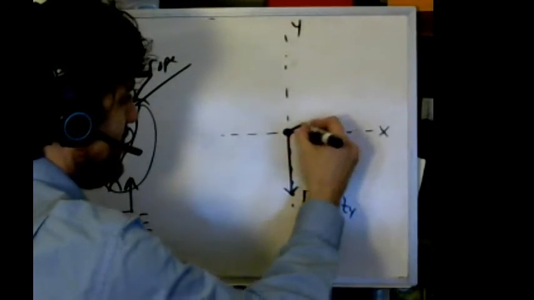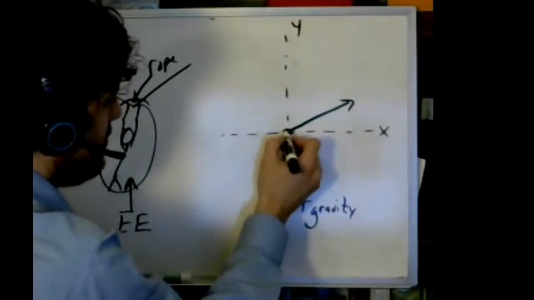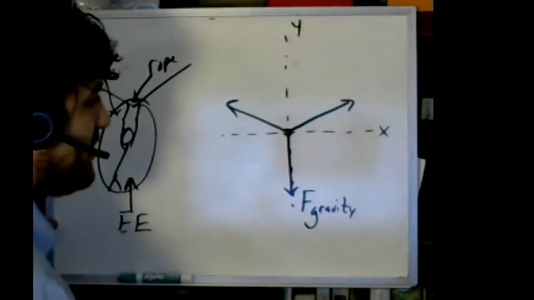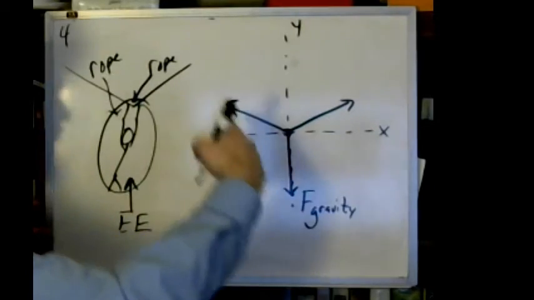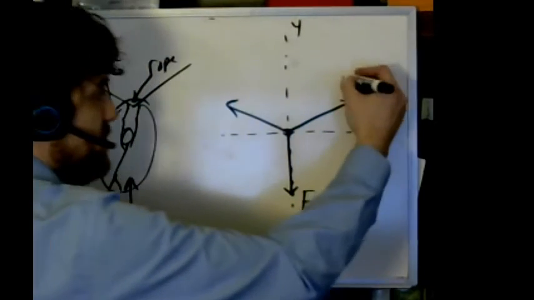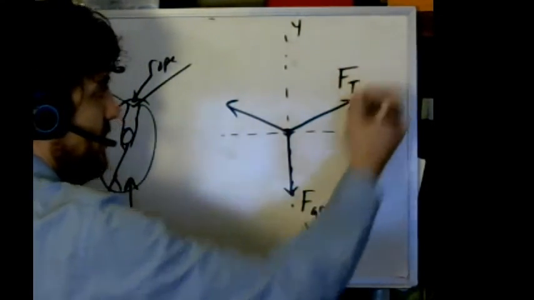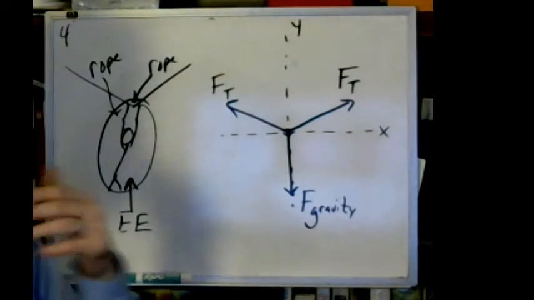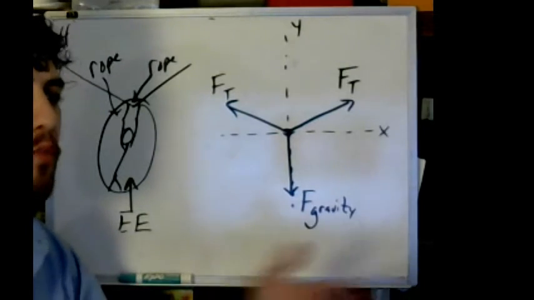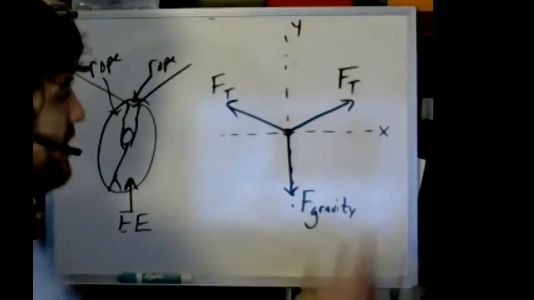So the rope to the right is pulling up and right, and the rope to the left is pulling up and left. Because this is actually a single rope, we know that the tension here and the tension here have to be the same thing. The tension in a rope is the same at all points in that rope.